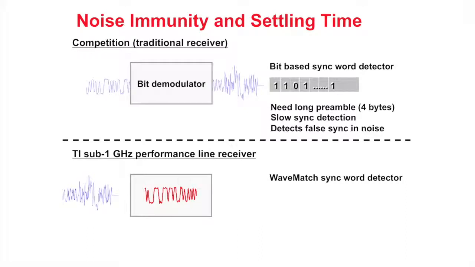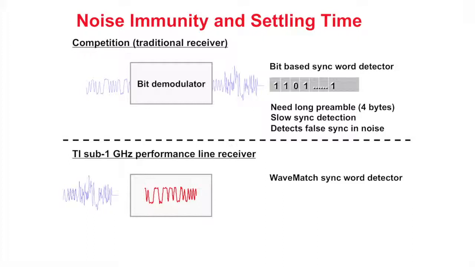This kind of implementation requires a long preamble to achieve bit synchronization. Sync detection will be slow, and the sync word needs to be of a certain length to avoid triggering on noise. For a 16-bit sync word, there is a 1 in 65,000 possibility of detecting a sync word in noise, meaning you will trigger on noise within a few seconds after enabling receive.